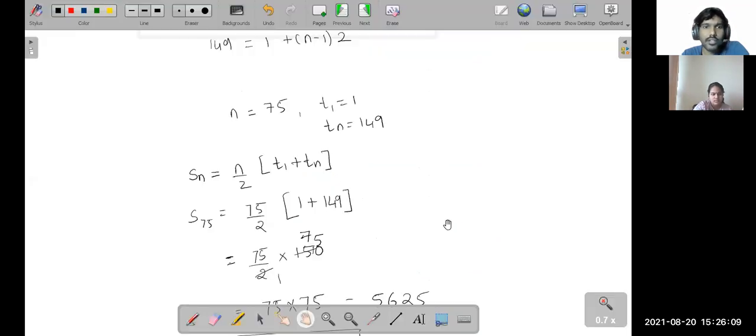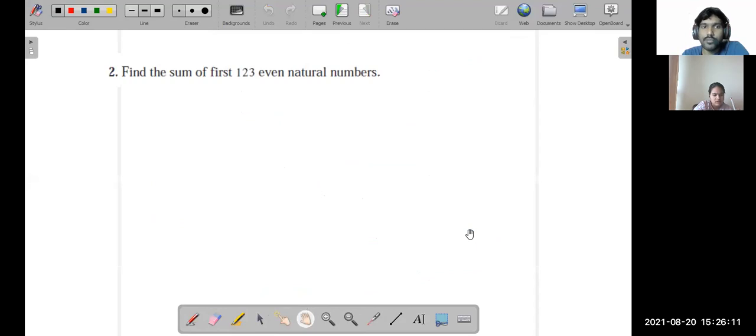Now let's do the sum from the exercise, the second one. Find the sum of the first 123 even natural numbers. You have to find the sum of 1 to 123, but all even numbers. The first even number would be 2, then 4.